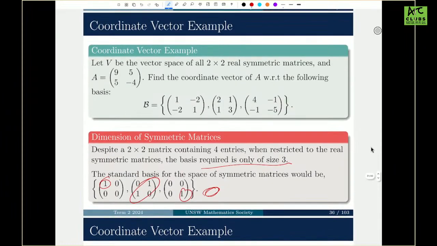We can make this first one just 1, -2, 1, because you can think about it with respect to this basis. You can think of it as a coordinate vector with respect to this basis, because it's a 1 in the first thing, a -2 for this thing, and a 1 for here.